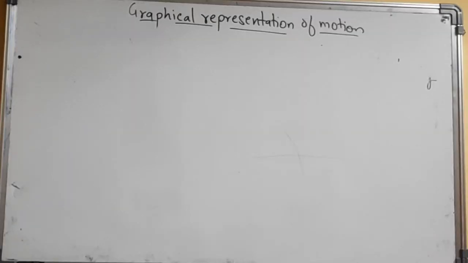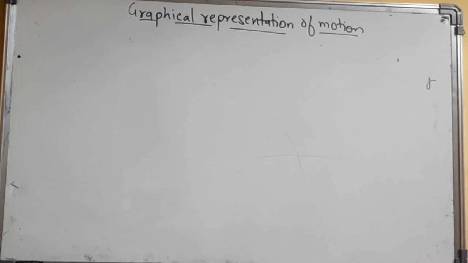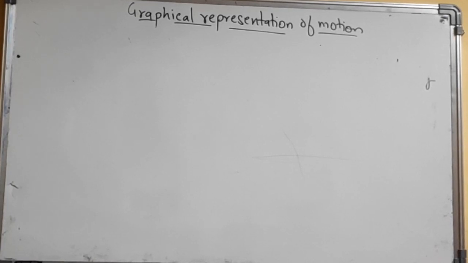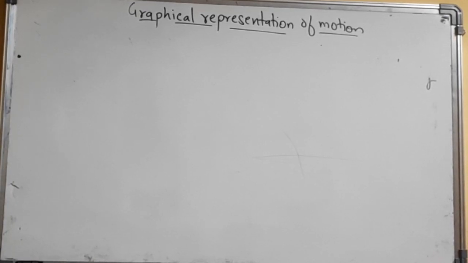students, you have understood the distance time graph for an object in uniform motion and the distance time graph for an object in non-uniform motion. Now let us move forward and study the third graph of your topic.